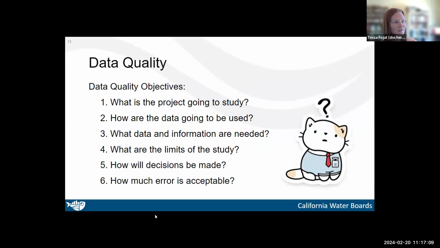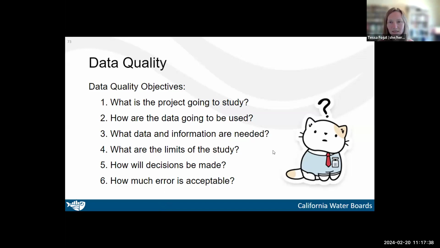I know you could write an essay on each of these, but they're just to get you started thinking: what are you going to study? How are you going to use the data? Are you wanting it to go into a fish advisory, or do you have a different purpose? And that's going to inform how much data you need to collect, and of what type.